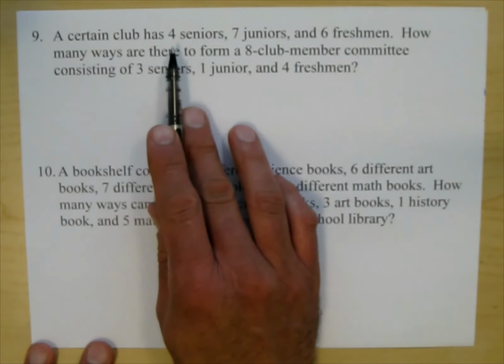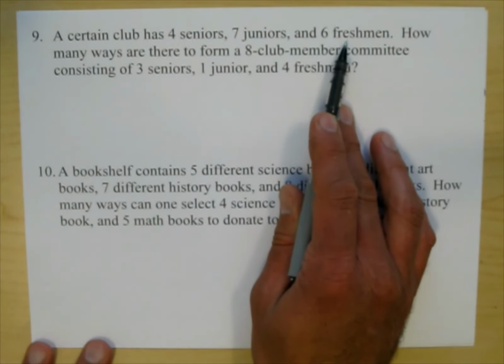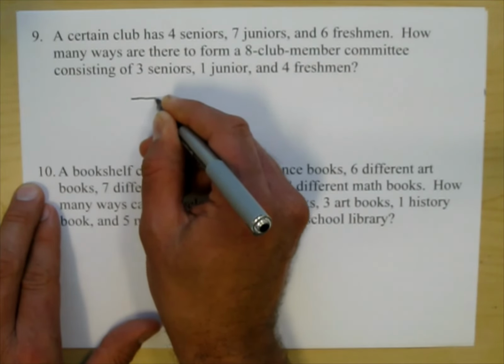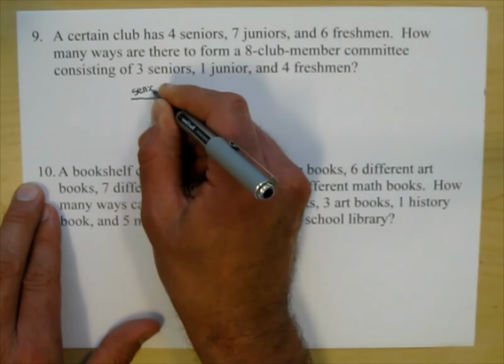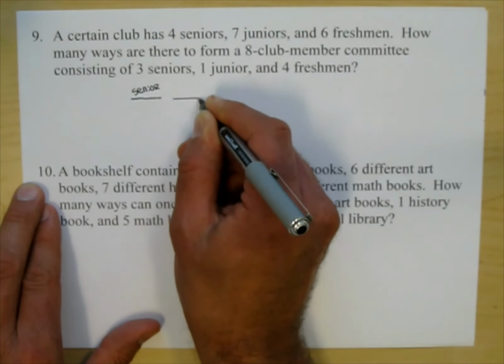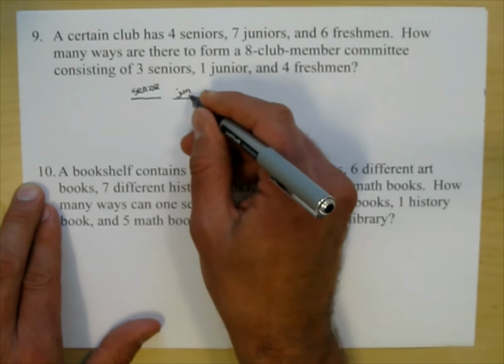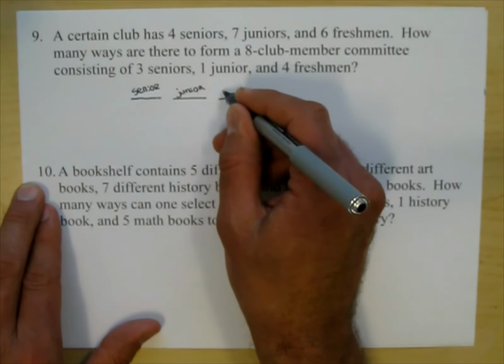Now, this problem, they're partitioned into 3 groups: seniors, juniors, freshmen. So there are 3 events or 3 tasks I have to do. I have to pick the senior, and then the junior, and then the freshman group.